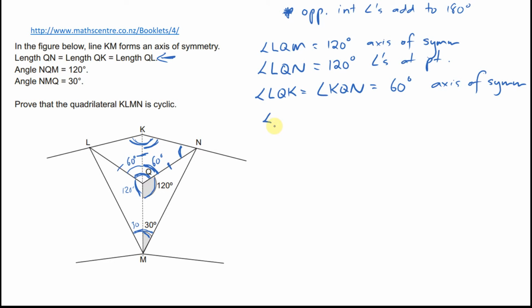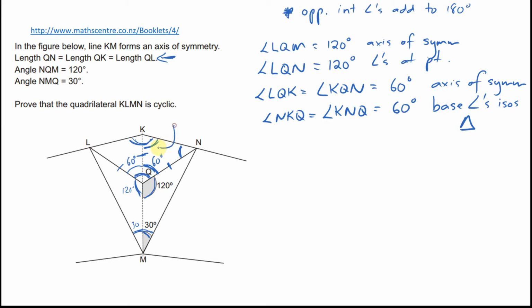So angle NKQ is equal to this angle here, KNQ, and both those angles are equal to 60 degrees, and that's due to base angles in isosceles triangle.